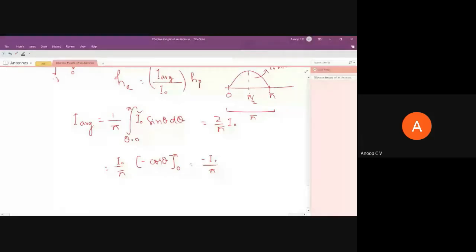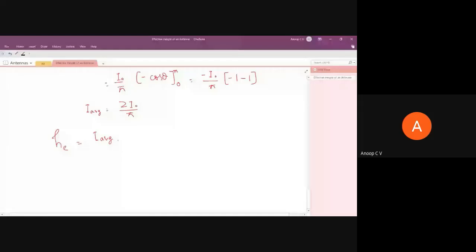If I apply the limit, cos of pi is minus 1 and cos of 0 is 1. So this is equal to 2 I naught by pi. So I average is equal to 2 I naught by pi. You already know this, but I have chosen this procedure because I know the linear condition.